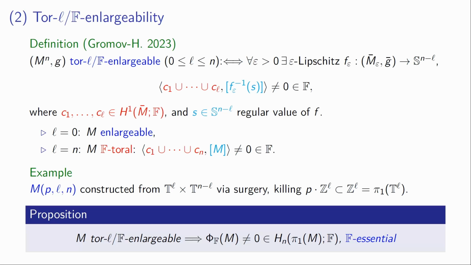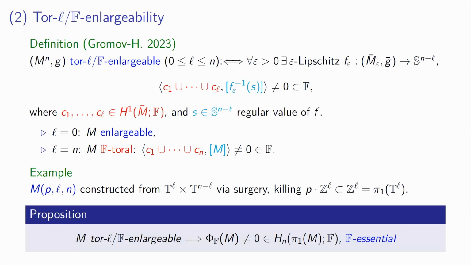So recall this means you represent a generator of the fundamental group of T^L by an embedded circle S^1, and then you cut out a normal neighborhood of this circle and glue in a 2-disk cross a sphere of dimension n-1. And then this new manifold has P times this generator of the fundamental group killed.